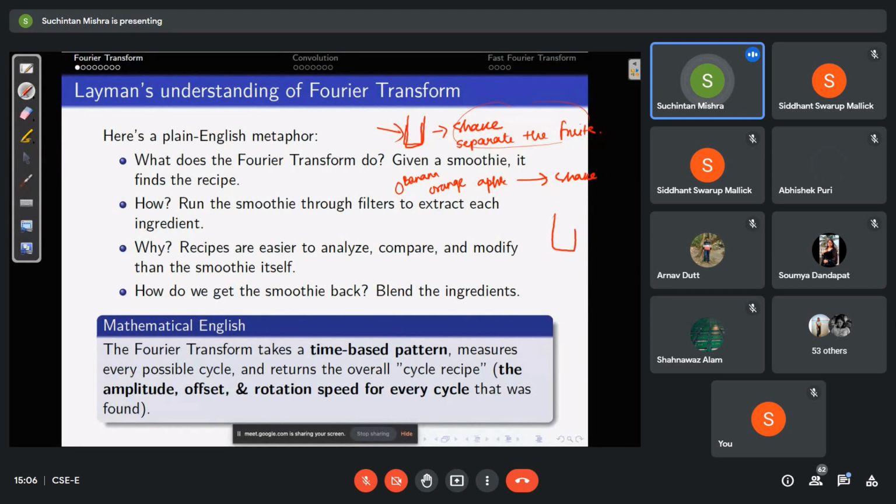Let us imagine there is a filter and there are 3 different kind of filters. Okay, and once we put this juice through the filter, we will get its constituents back.